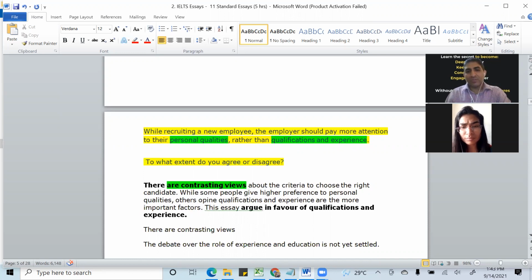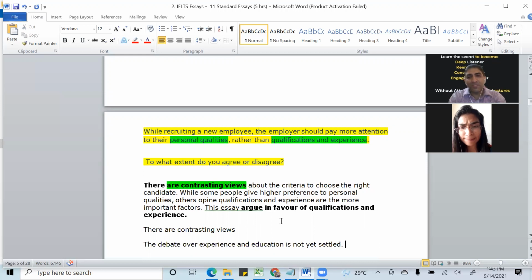The debate over the role of experience and education is not yet settled. You can also simply say "the debate over", which is also fine.